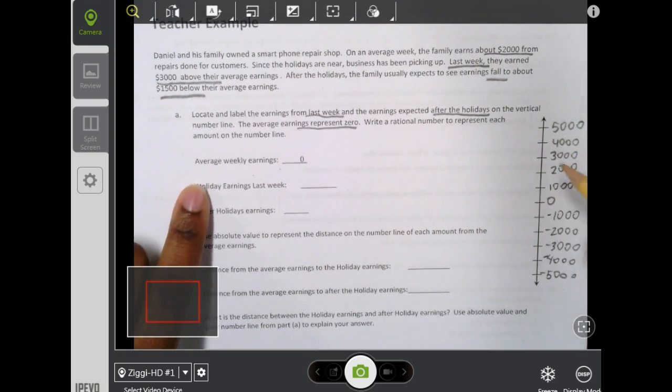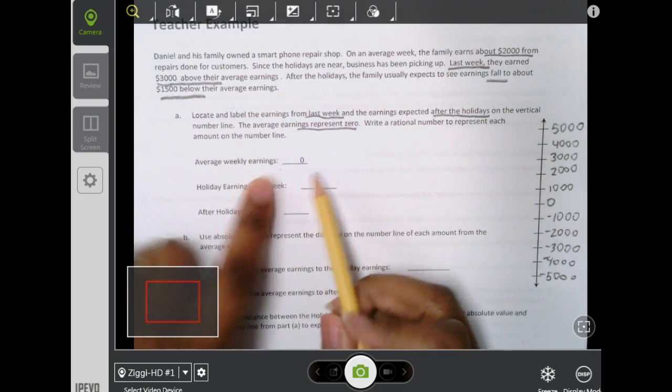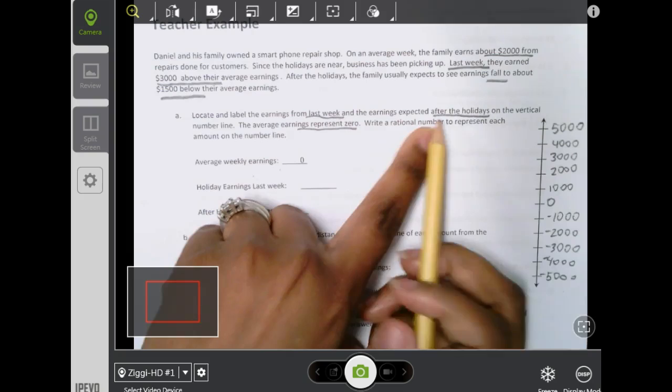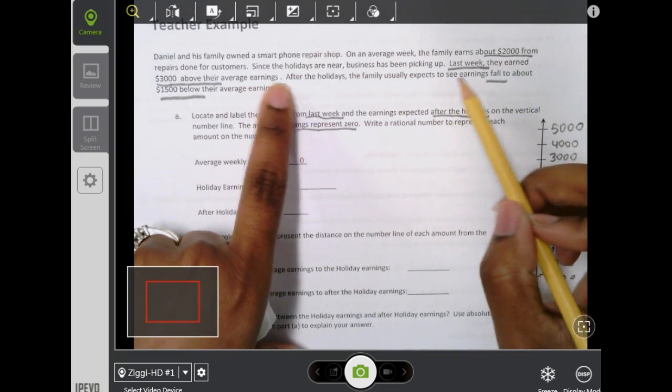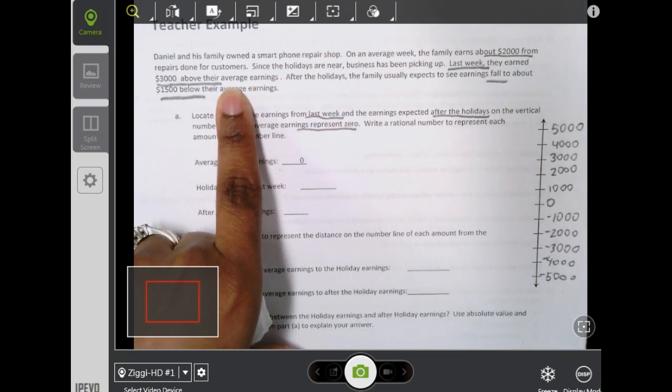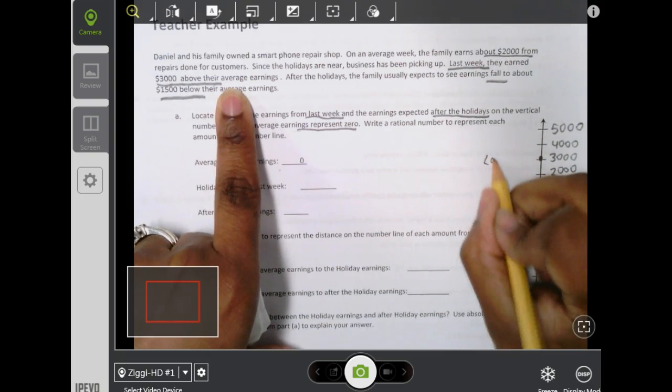So they said that the 0 represents our average earnings. But last week, the earnings expected was 3,000 above. So 3,000 above average would be here. And I'm going to label that last week.